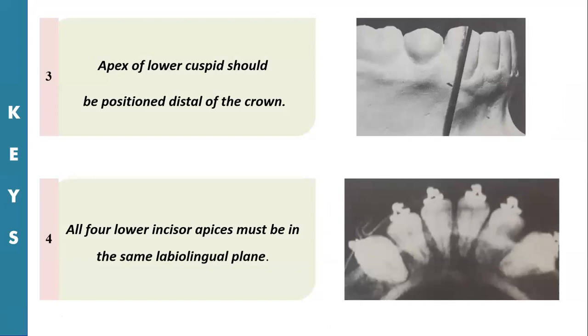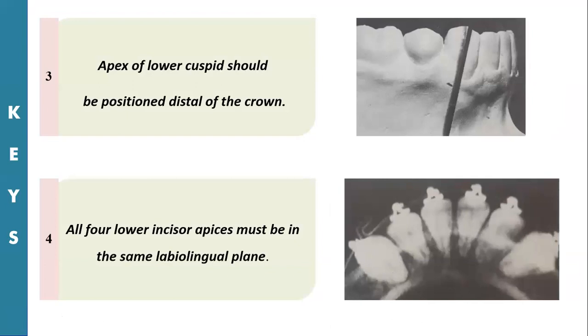Now the fourth key: the 4 incisors, that is your central and lateral incisors, should be in the same labiolingual plane. This means that they have to be centered over the basal bone and very well aligned.